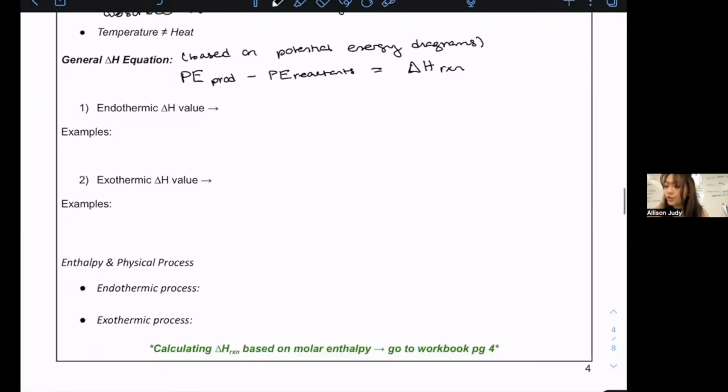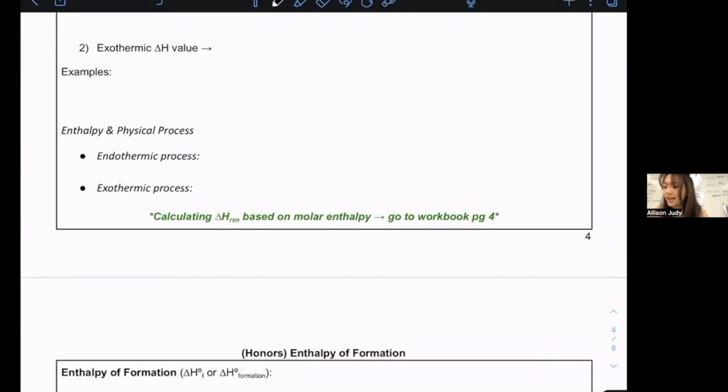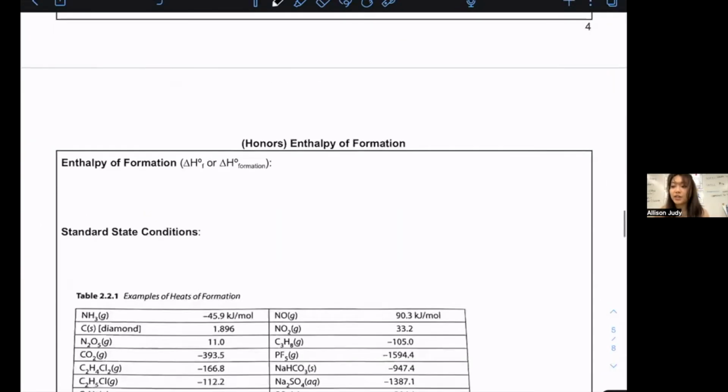But you guys are going to learn about how we calculate the actual enthalpy for a reaction where we consider the various products we make, like the various compounds that make up the products in a process. So what you need to know is that we have a specific type of enthalpy that we get from tabulated data, known as enthalpy of formation.